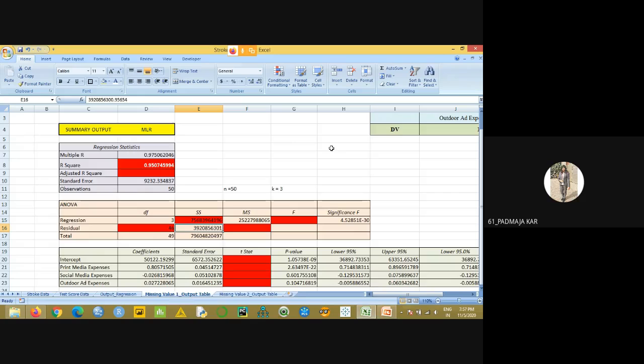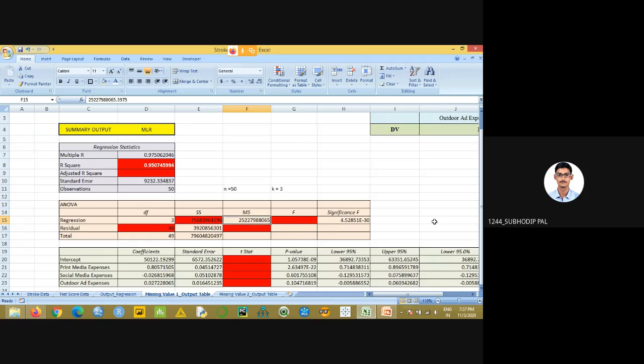You can multiply regression DF 3 into the MS. Yeah, perfect. So this one into this one, I'll get the same SS value. MSR into K. I know the degree of freedom 3, and SS is this value.